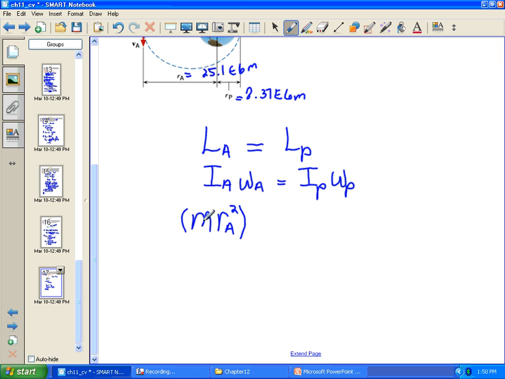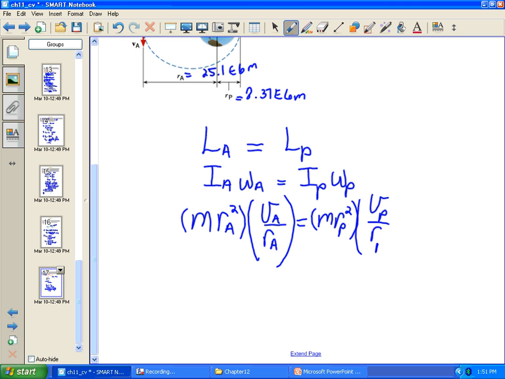In other words, I equals m r squared. And omega sub A we can write as the tangential velocity at point A divided by r sub A. You see how everything comes back to us? And at perigee, we have m r sub p squared, times v sub p over r sub p.